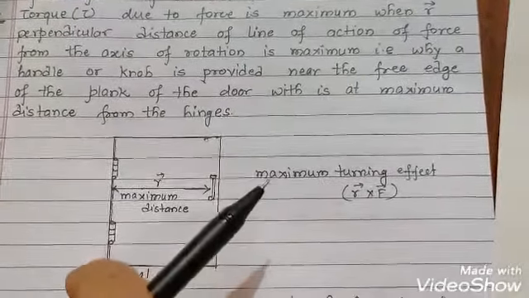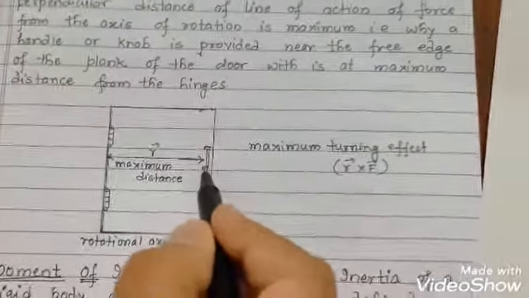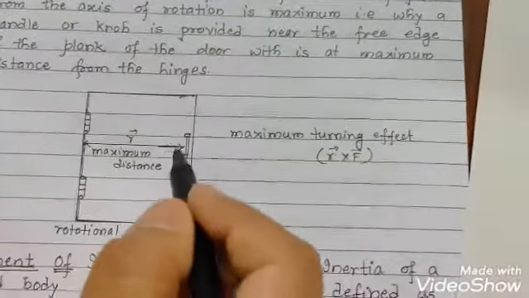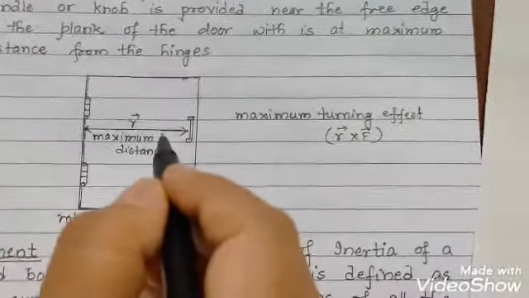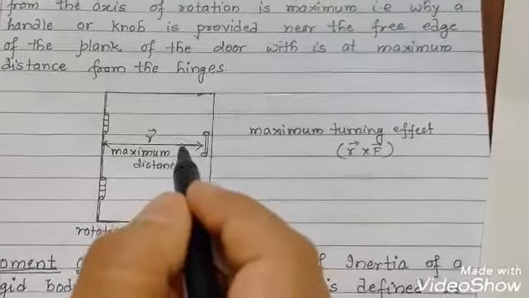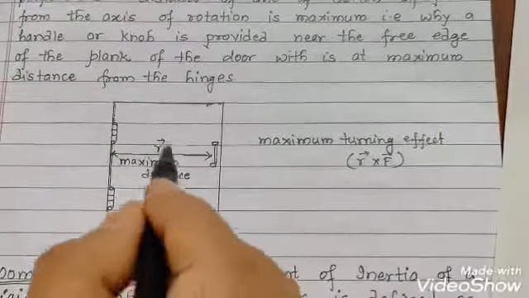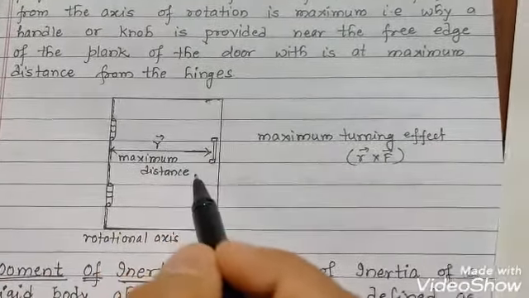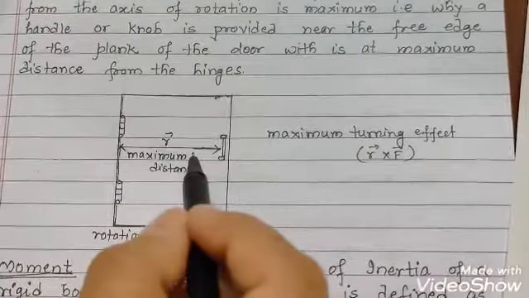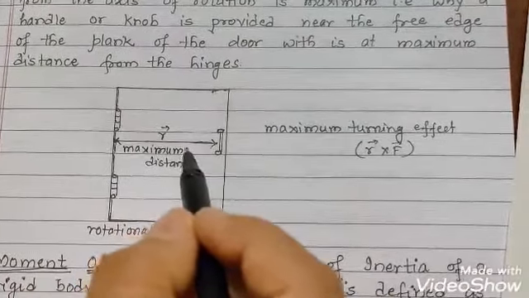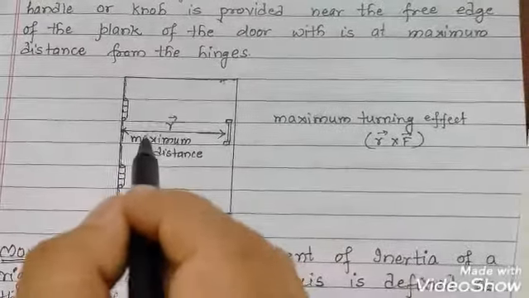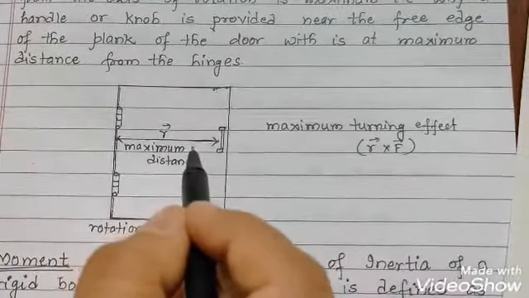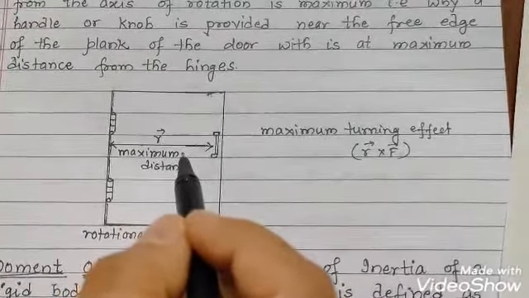So the question is why the knob is provided at the edge of the plank of the door. To understand it, again, the torque due to the force is maximum when r, the perpendicular distance of the line of action of force from the axis of rotation, is maximum.